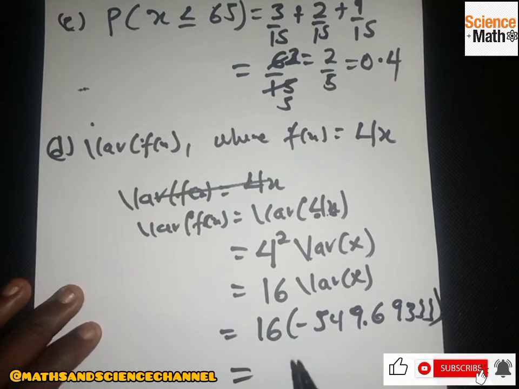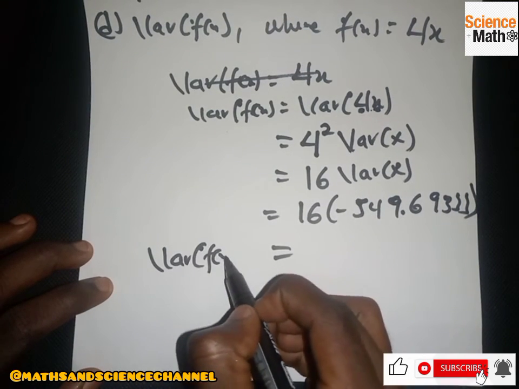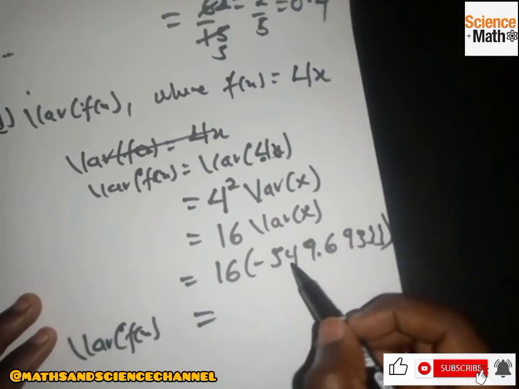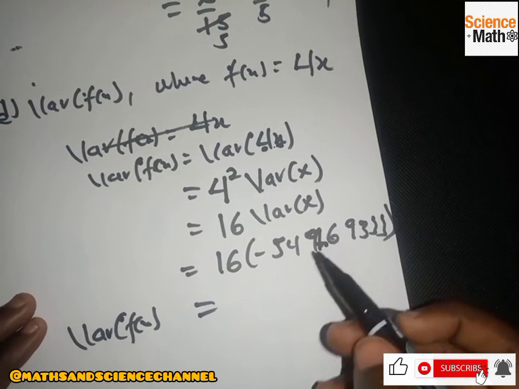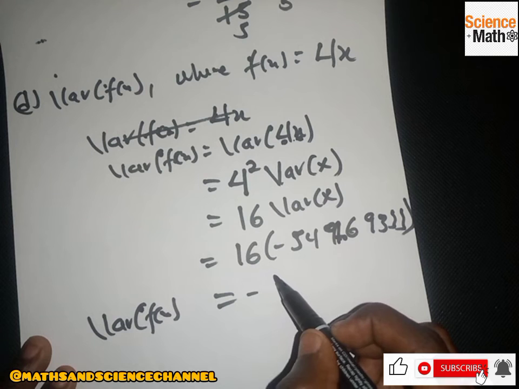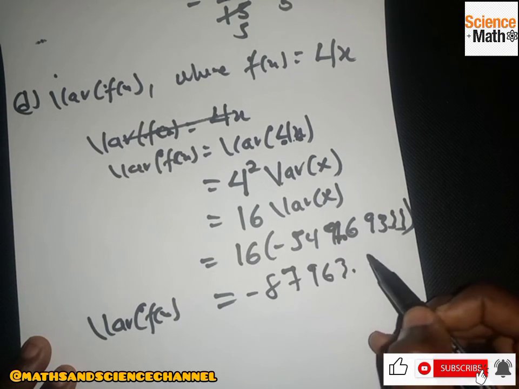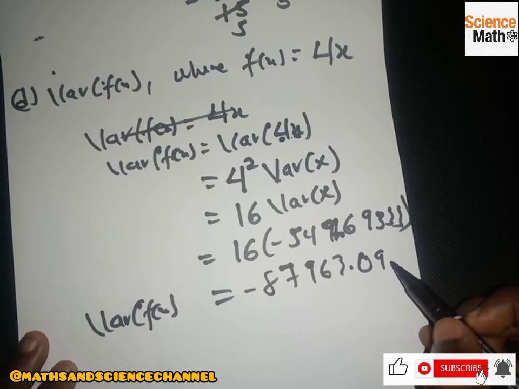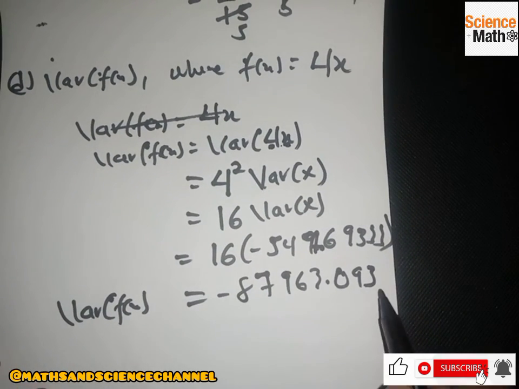So from here the variance of f of x will just be the product of 16 and negative 549.69333, which is negative 547.6, and then when we compute the whole of that, we are just going to get negative 87963.09093. Yeah, so that would be the variance of f of x.